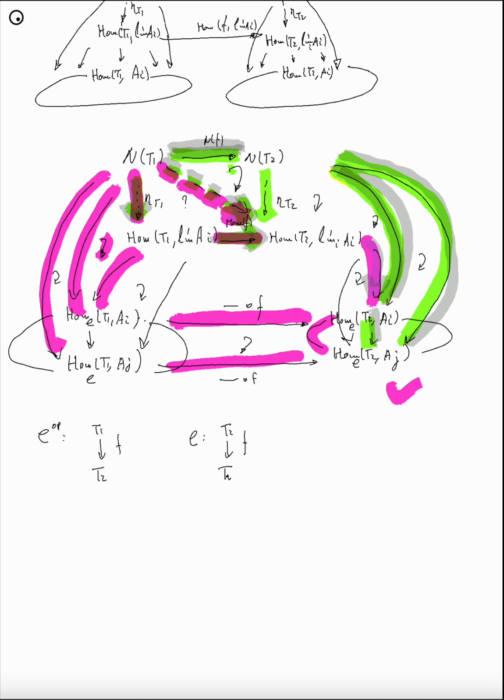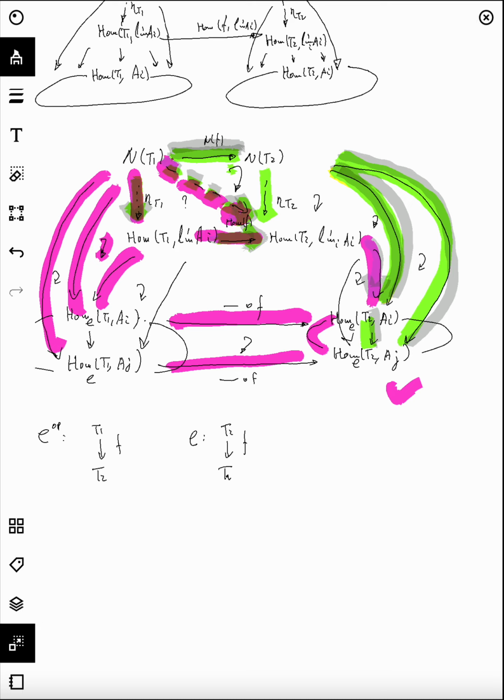And this is actually saying that this one is the same as this one, because there is a unique one making that commutative.